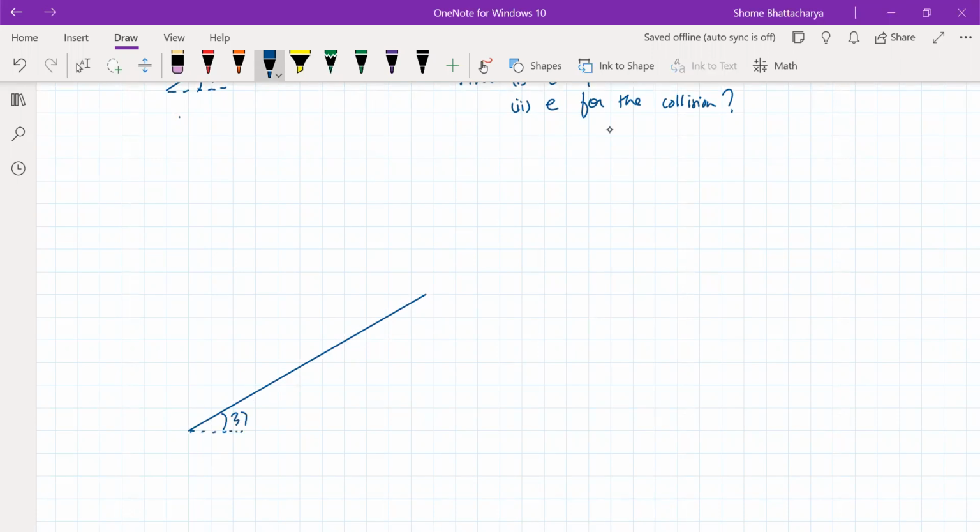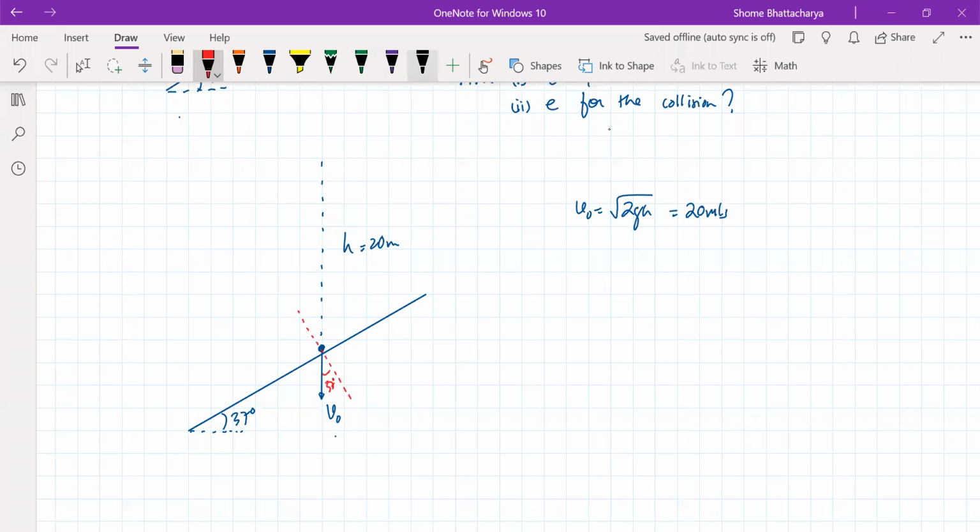So if this angle here is 37 degrees, then the impact velocity, which is vertically downwards, will also be making the same angle, 37 degrees, with respect to the normal. If it impacts with a velocity v0, we know that v0 is going to be root 2gh. So in this case, it's going to be 20 meters per second because h was 20 meters. But more importantly, what is the angle made by this with respect to the normal? So this angle is 37 degrees.